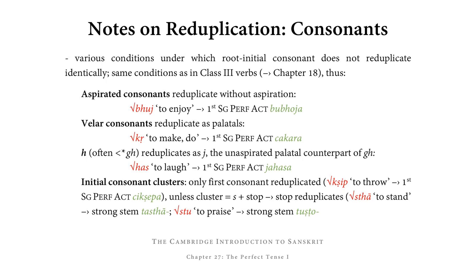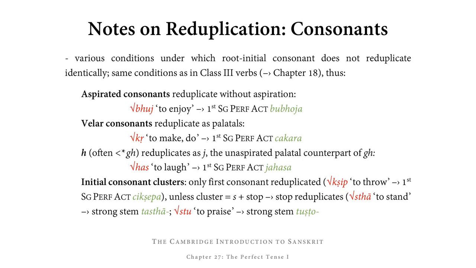Then finally, again as in class 3 verbs, in initial consonant clusters, so when we have more than one consonant at the beginning of a root, it's only the first consonant that is reduplicated. So for example, of kship, to throw, we have a k and a sh at the beginning of the root, but it's only the k that gets reduplicated.